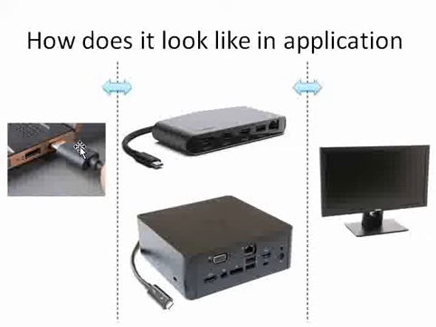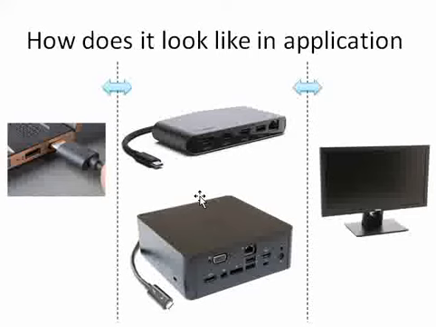This cable connects to the laptop, and there are ports on the docking station where you can connect DP or HDMI, Ethernet, whatever you want. All of these can be connected. On the right, you can see one of the applications that we have been mentioning, the display. So this is how the end connectivity looks in an application.